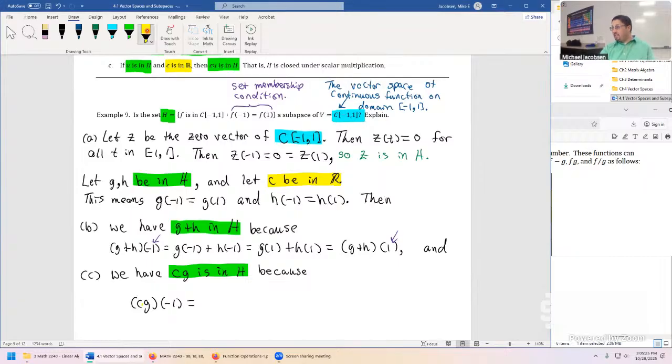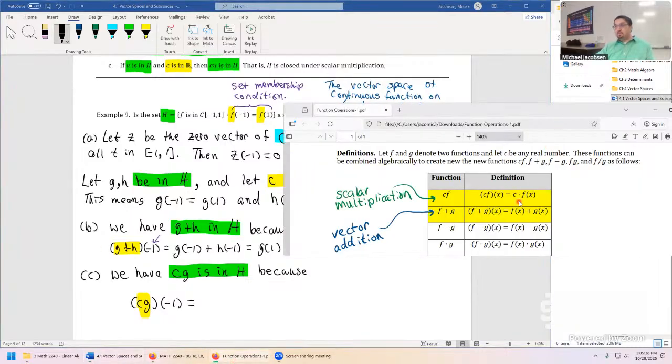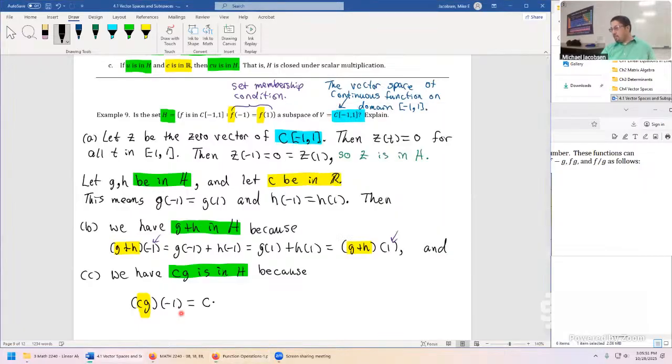So the whole entire thing, CG, is just playing the role of F here, and it'll be playing the role of F here on the right-hand spot. And same idea with what we did with G plus H. Next, the function operation. It's always good to call this up because the steps kind of look confusing on why we're writing it out in a particular way. The definition of C times G is C times G at the input 1. So this looks like C times G at 1, -1, that right input we have here.